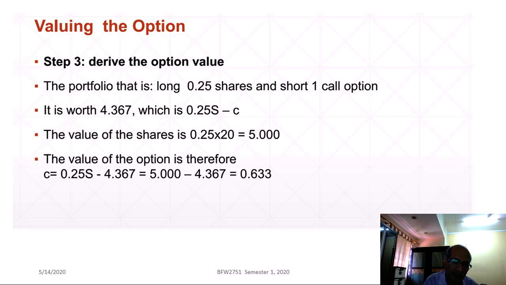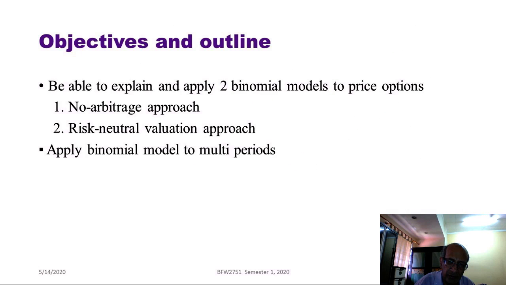So substituting that 5, the value of the option itself is 0.25 times 20 minus the portfolio value which you calculated earlier, minus 4.367, which equals 5 minus 4.367, which equals 0.633. So you got the value of this call option, which you're going to sell, as 0.633 or 63.3 cents. Okay. Are you all clear about it until now? Okay, let us continue.